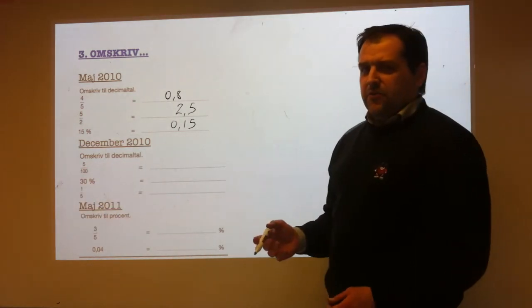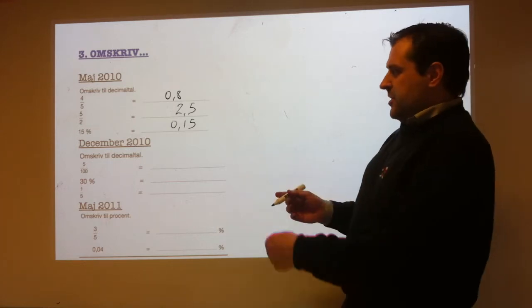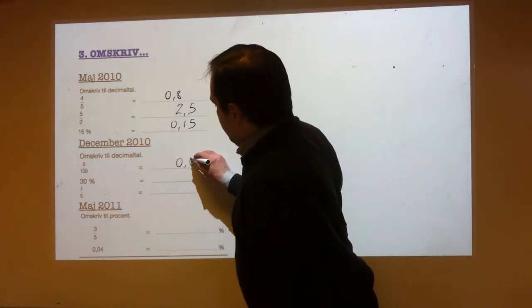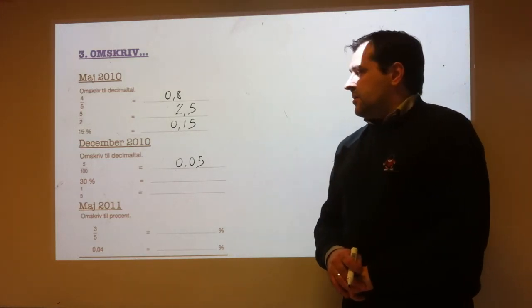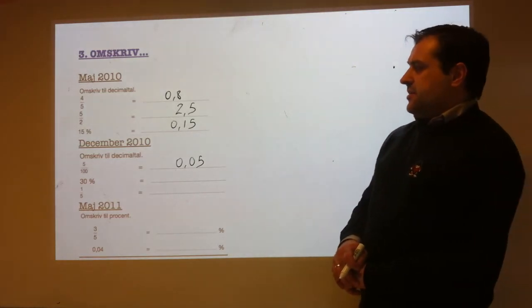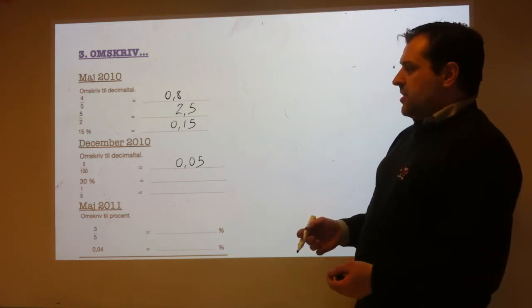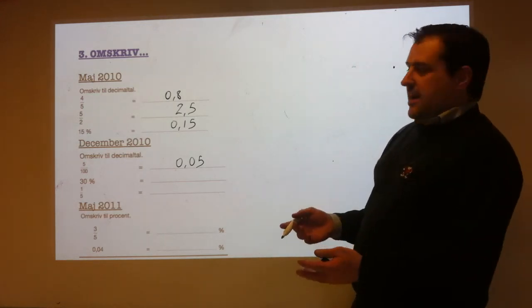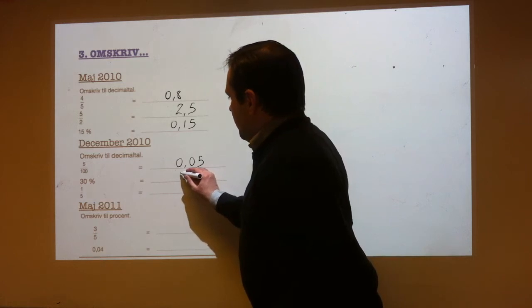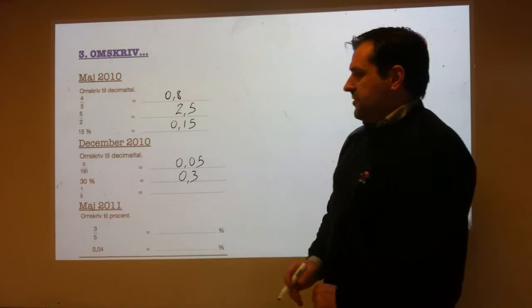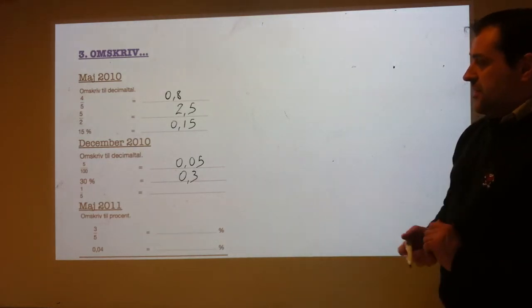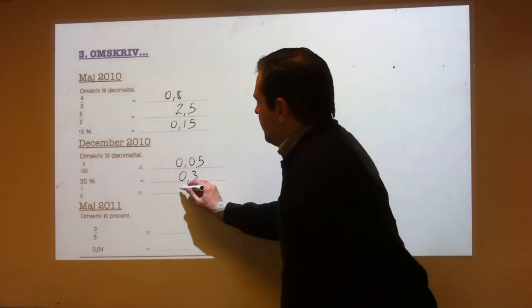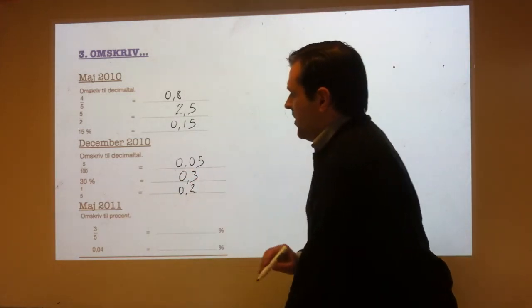Okay, so divided by 100 is just easy, you move the decimal a couple of places, so it's 0.05. 30% as an ordinary decimal number, well, 30% means 30 out of 100, so I divide by 100 and I get 0.3. So 30% means 30/100ths, which is 0.3. And then a fifth, I ought to know, is 0.2.